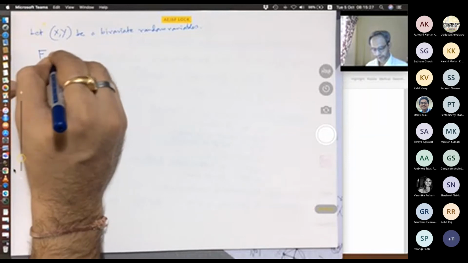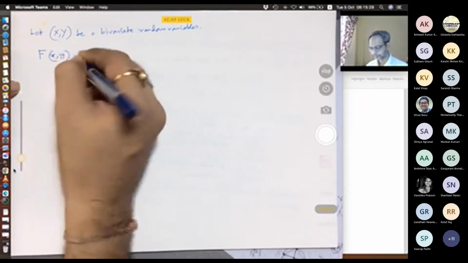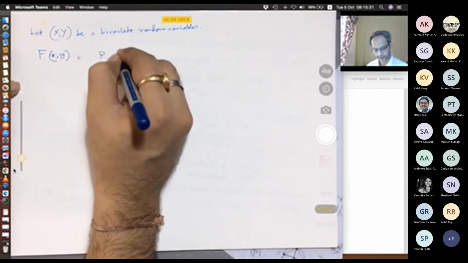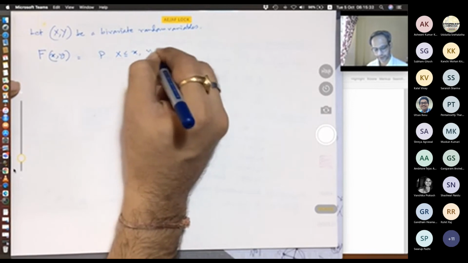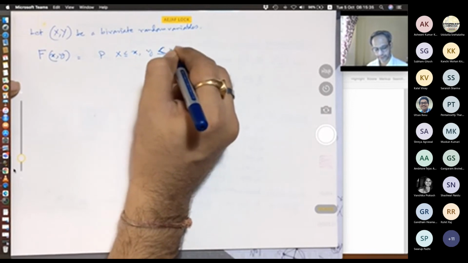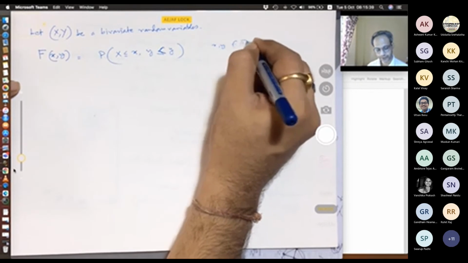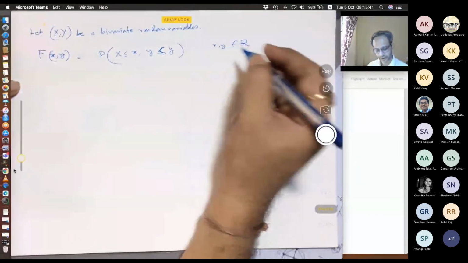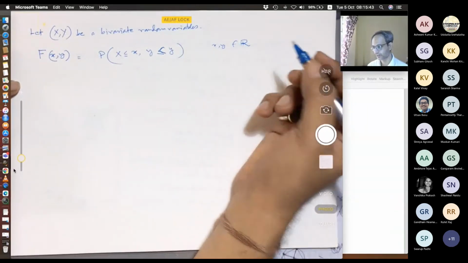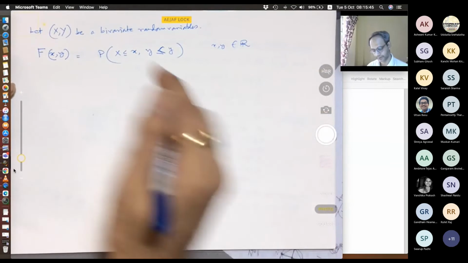So F of x, y equals the probability X less than or equal to small x, Y less than or equal to small y, where x, y belongs to R, or you can write the pair belongs to R square, doesn't matter.